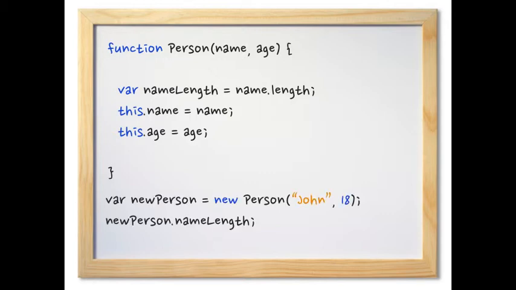So in this case, the variable nameLength is only available when the function is executing. You cannot point to it like you would point to a property. I should also explain here that even though the variable is gone, that doesn't mean it's gone when you execute the function again.